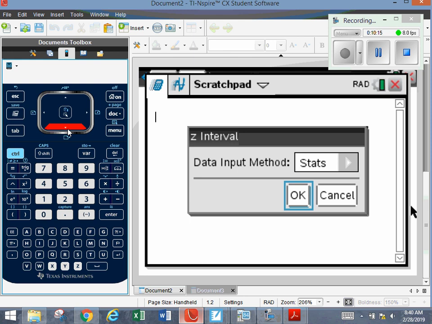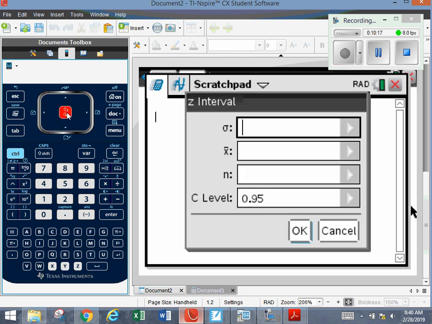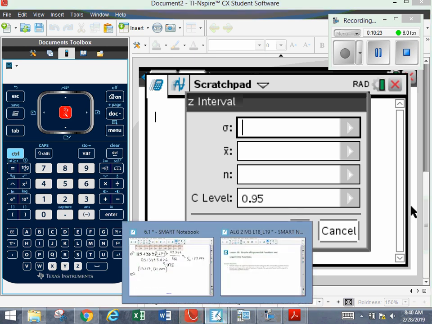That's what this standard deviation is. So this standard deviation is, what did I say?